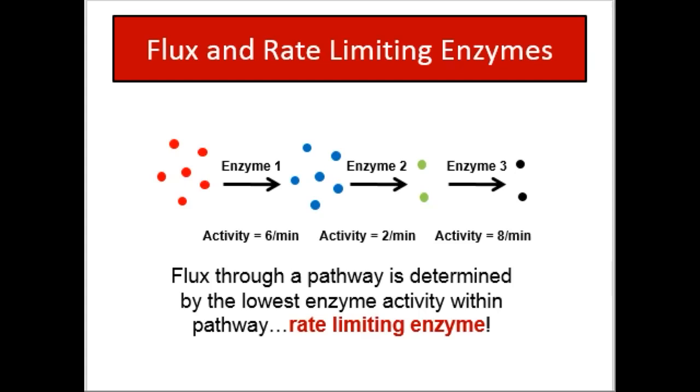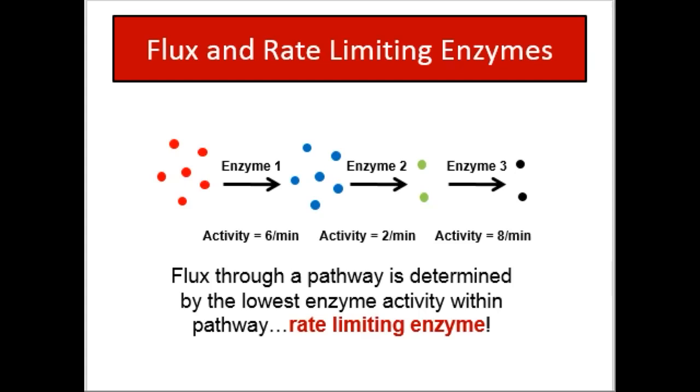As you can see, enzyme 1, 2, and 3, and underneath each enzyme we're given their activities. From the activities, enzyme 2 has the lowest activity in this metabolic pathway, meaning that the rate at which this enzyme catalyzes the conversion of these blue molecules into the green molecules is the slowest within this pathway.